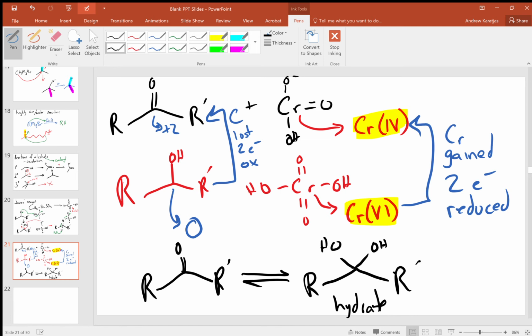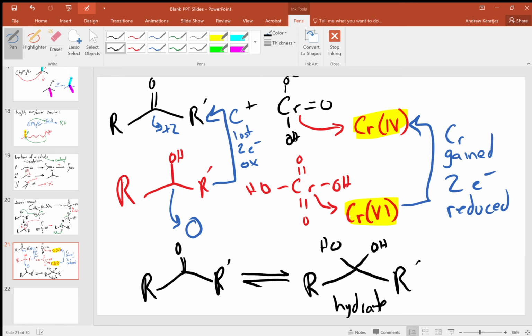Now, for most carbonyls, we don't really worry about this step. This is an equilibrium that in almost every case strongly favors the carbonyl. And when I say strongly favors, for your typical carbonyl, it's well over 99.99% favoring the carbonyl.